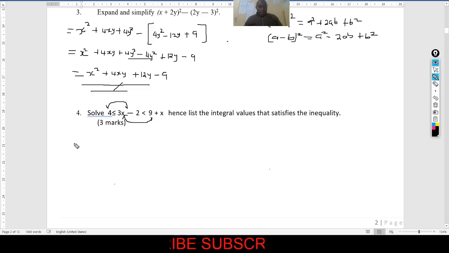The first part, we can say 4 is less than or equal to 3x minus 2. Then the second part that we must also deal with is 3x minus 2 is less than 9 plus x.